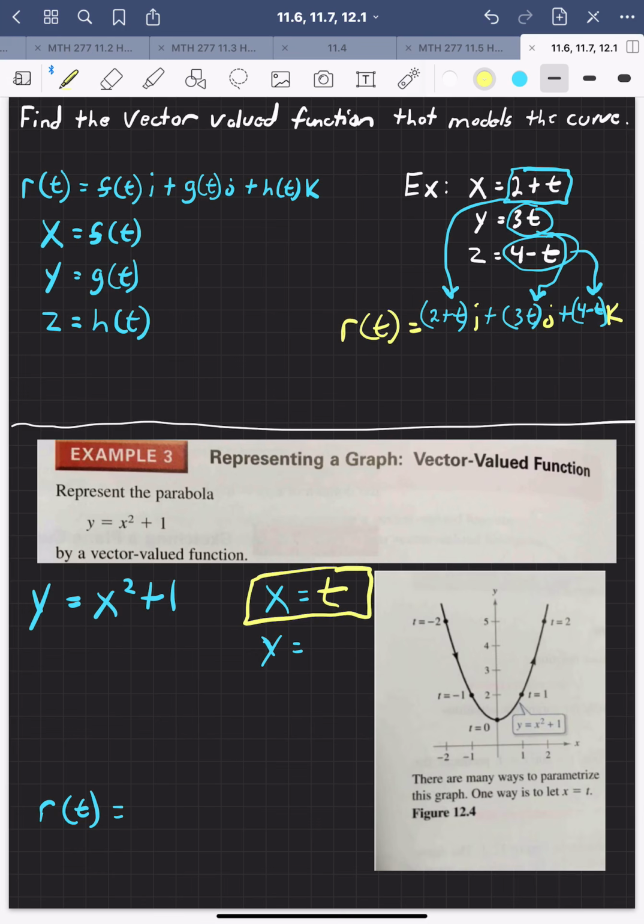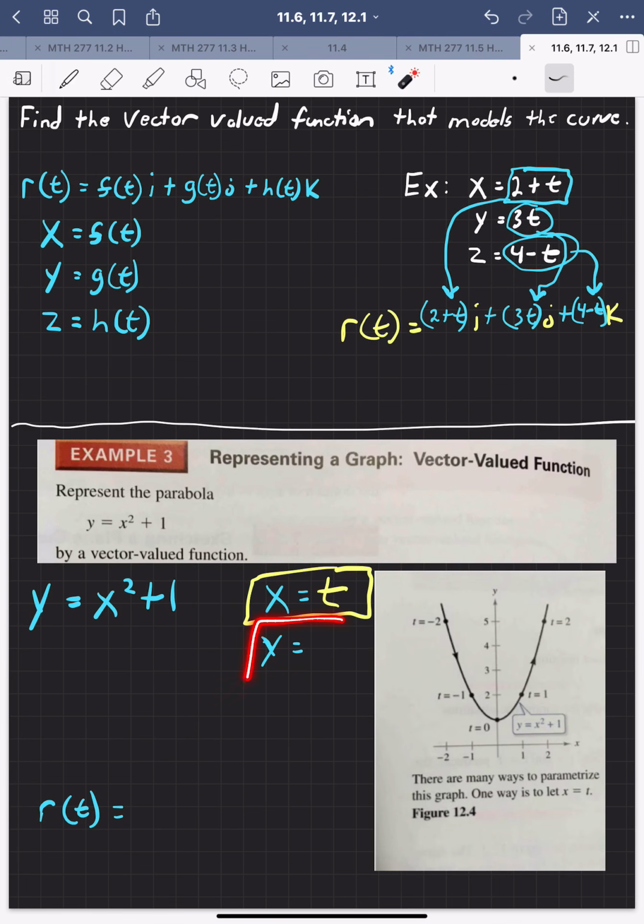I get it. In some examples it might be more beneficial to do something differently, but please, let's you and I just assume that my first step is going to say, let's define x to be t. So as soon as you define it, you already have your first component.